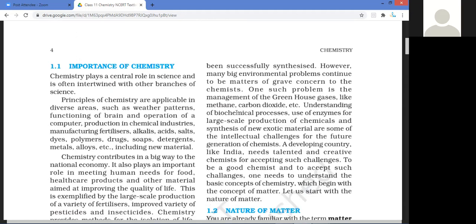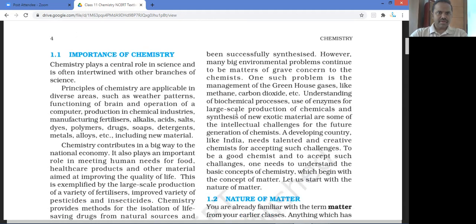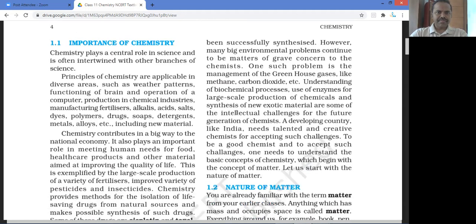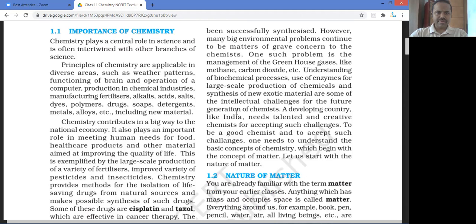Importance of chemistry. Basically, we touch upon production in chemical industries, manufacturing fertilizers, alkalis, acids, salts, dyes, polymers, drugs, soaps.